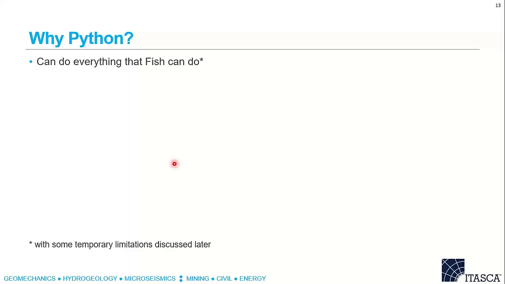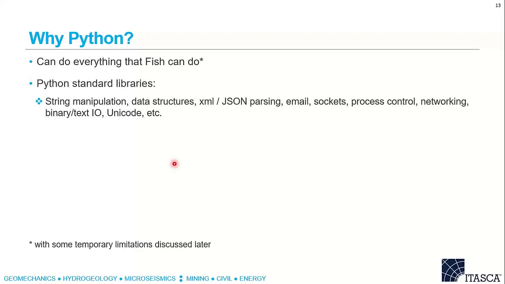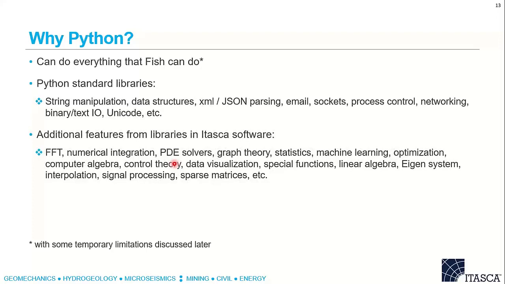In addition, the Python standard libraries are incredibly powerful and allow you to do all sorts of different string manipulation, access to data structures, and mathematical processing. And this is then further extended by the additional features from SciPy and NumPy available within the Itasca software, allowing everything from numerical integration to linear algebra and eigensystems and so forth.